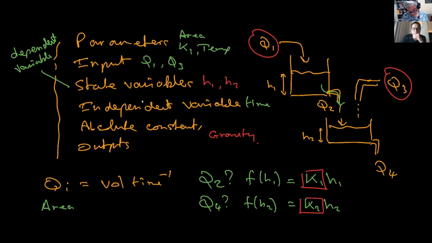And then the outputs. Now the outputs are an interesting thing. In control theory, the outputs are some linear function of the state variables, because in real systems, we might not be able to measure all state variables. This is certainly the case in biology, where you can only measure so many things, even though your model may have other things going on.